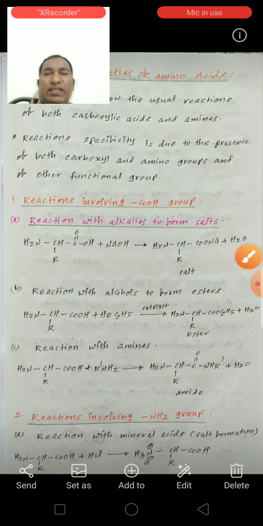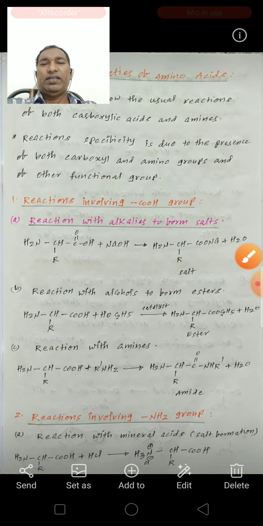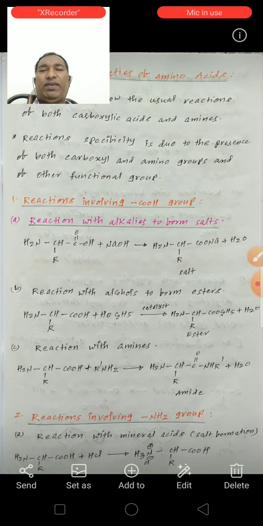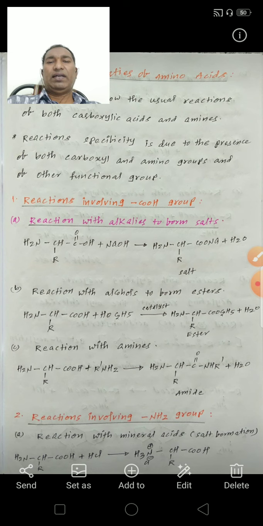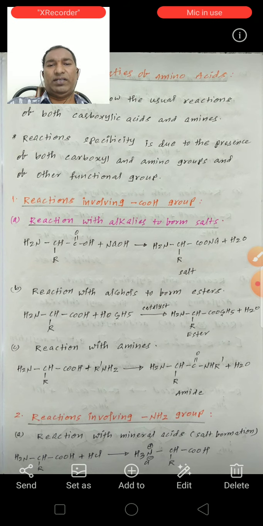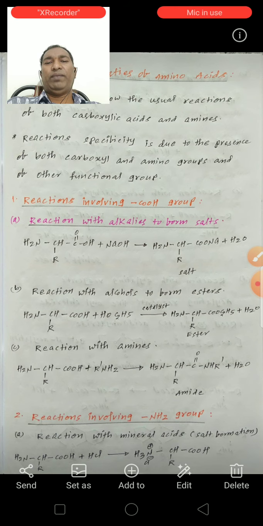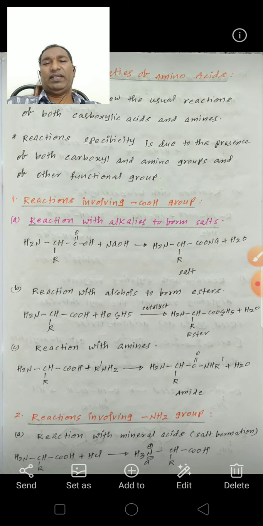So here, see the first reactions involving the COOH group. The first reaction is reaction with alkalis to form salt. When carboxylic acids react with bases, they give salts.